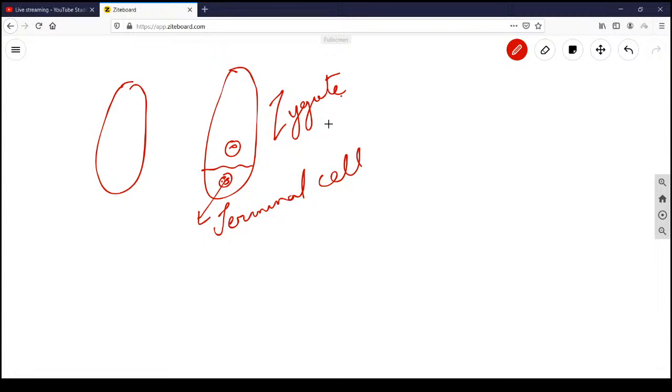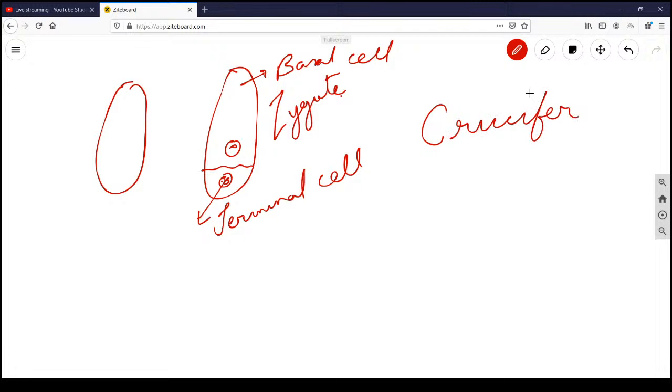Number one, which is given in your course, is the crucifer type. In the crucifer type, this is the basal cell and this is the terminal cell. The basal cell plays little or no role, a minuscule role, in the development of the embryo.